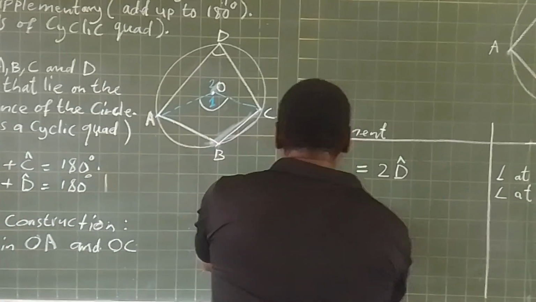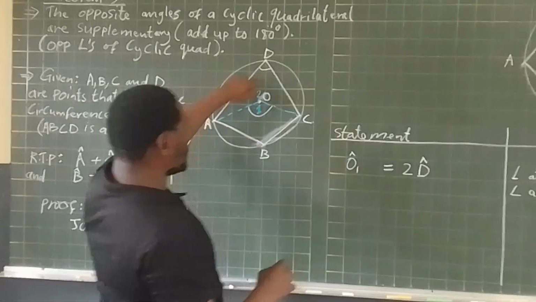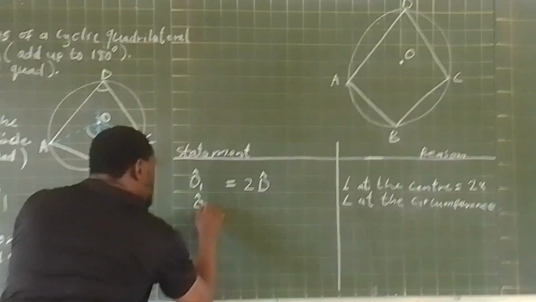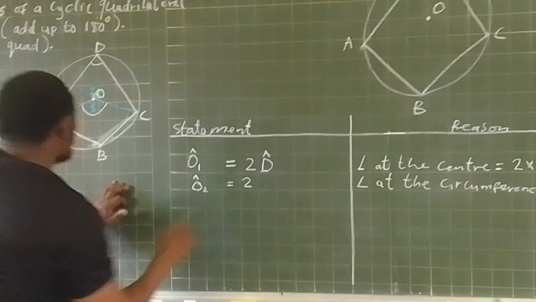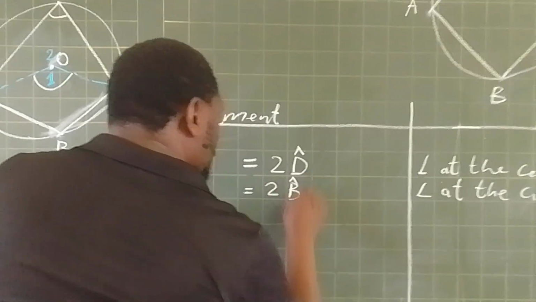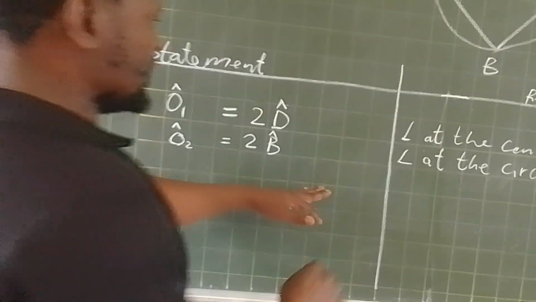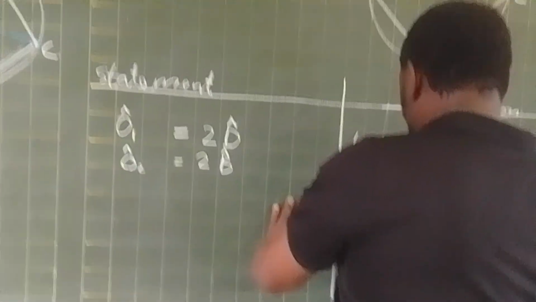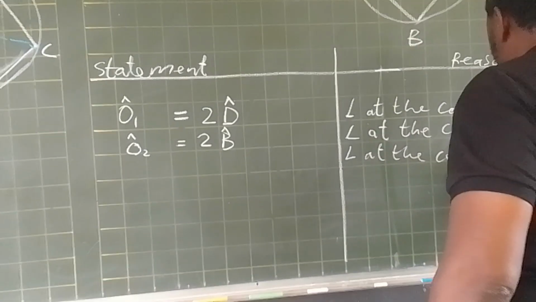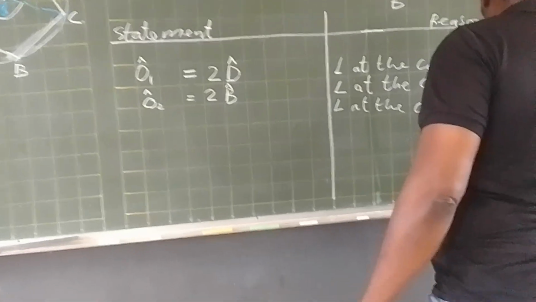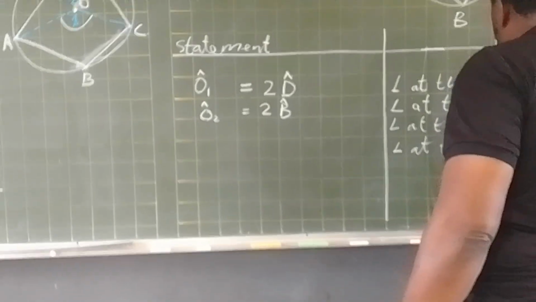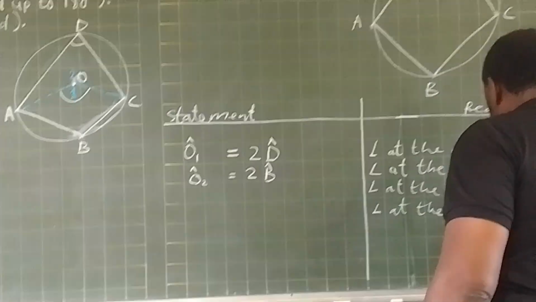Therefore, we say O2, this one at the top, is equal to 2 times B. The same reason: angle at the center equals 2 times angle at the circumference.